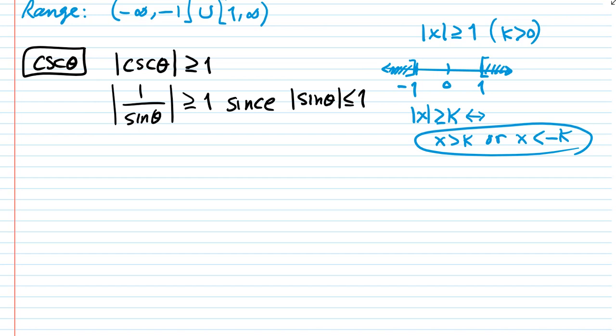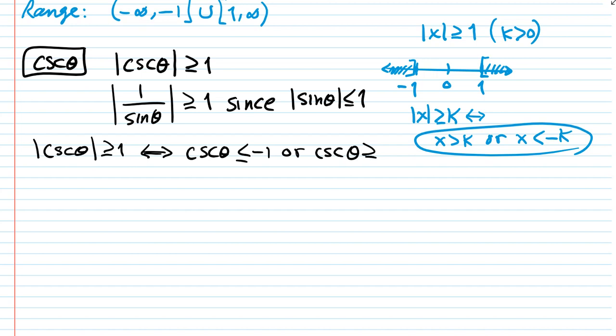All right. And so we just established this one: the absolute value of cosecant is greater than or equal to 1. That means now, using algebra, when we say the absolute value of cosecant theta is greater than or equal to 1, this means cosecant of theta is less than or equal to -1, or cosecant without the absolute value has to be greater than or equal to 1.